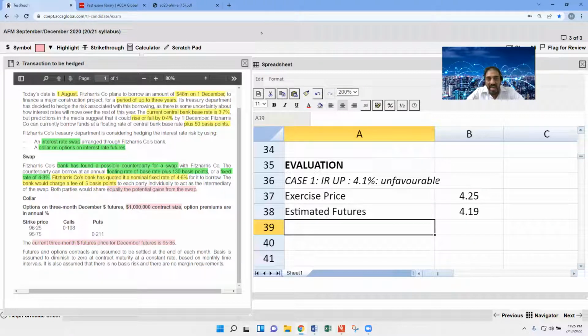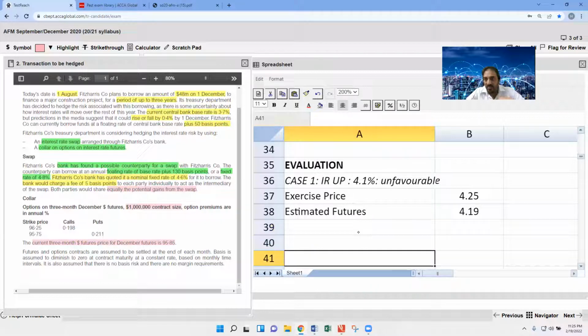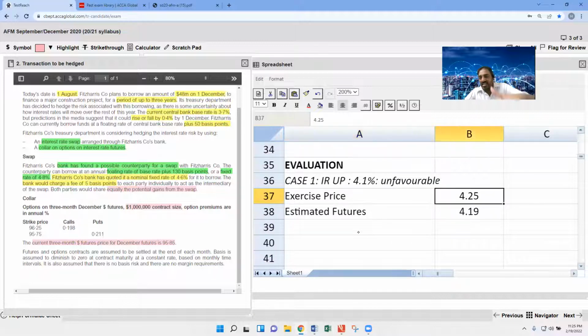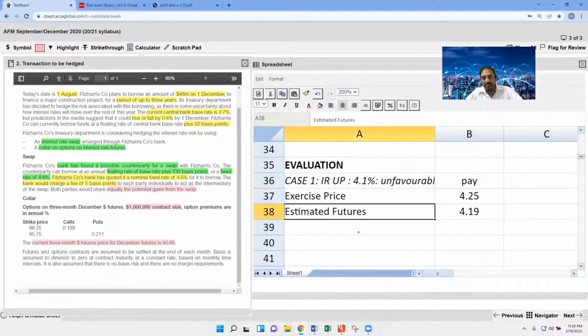Now we, as a borrower, need to think about the borrowing cost: is it beneficial to exercise and pay 4.25, or pay 4.19 with the market?